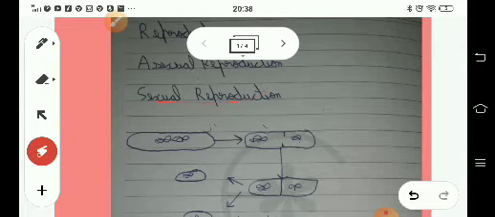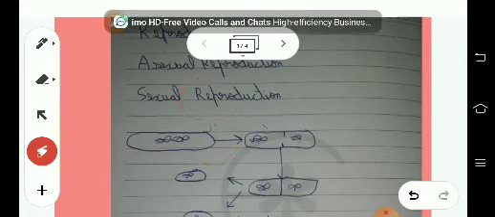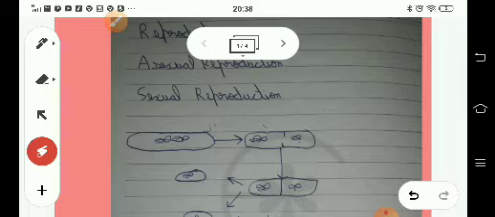Now in sexual reproduction, both male and female gametes take part. The male gamete is the sperm, and the female gamete is the egg or ova. When these gametes fuse, the offspring produced has mixed characteristics of both parents, and since the genes are carried by the chromosomes, it is not identical to either parent.